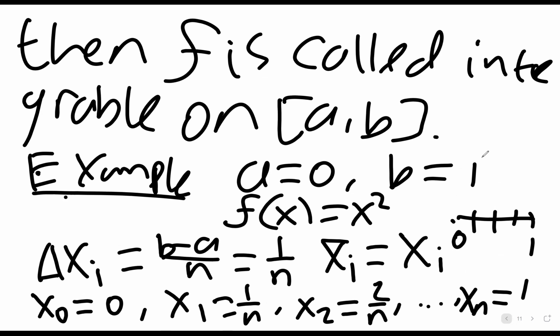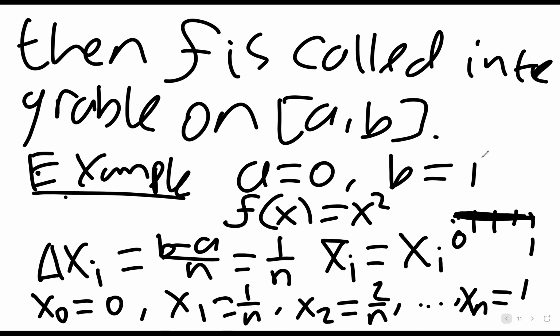The length of the initial interval is 1, and then we have n smaller intervals, so the length of each smaller interval is 1 over n. n is the number of partitions, or the number of subintervals.